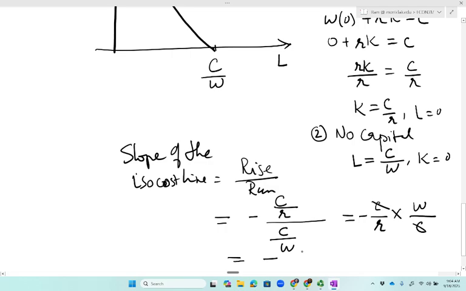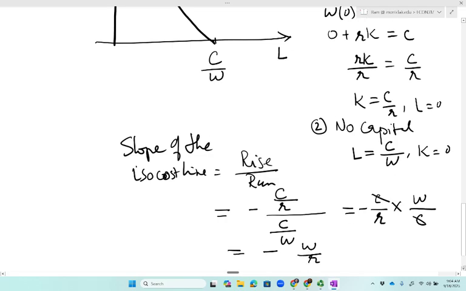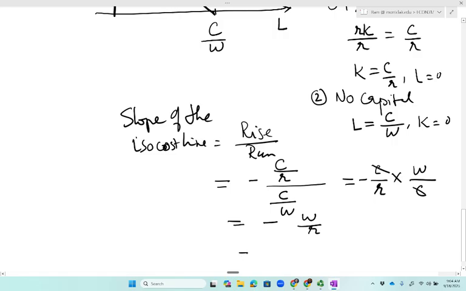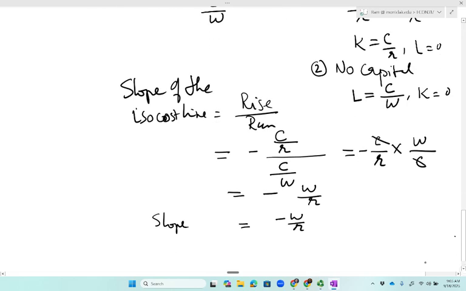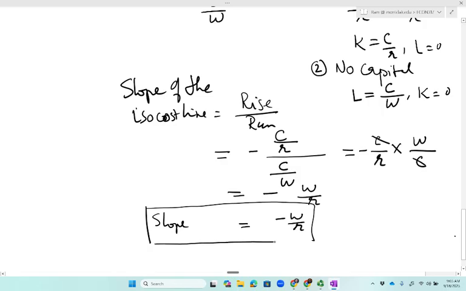So the slope turns out to be negative W over R. So I will write it again. Slope is negative W over R. And that's a good point to stop.